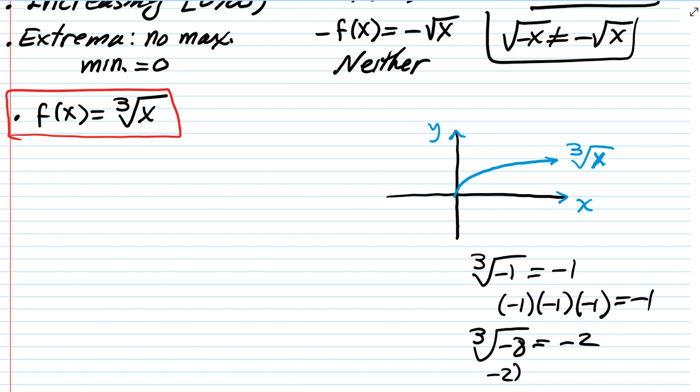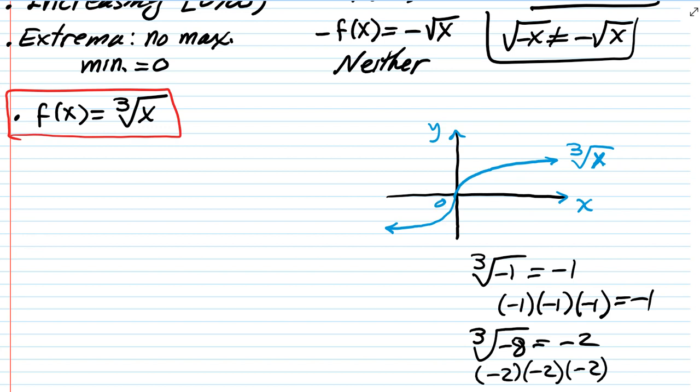Why? Because -2 times itself 3 times gives you -8. Therefore, that would suggest that there's also this other portion of the graph of this function. It's not just limited to the first quadrant. So I'm just going to draw this part of it also, right there. And that is the graph of cube root of x for us.